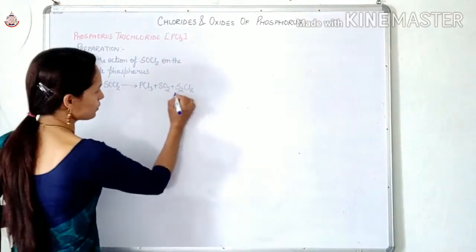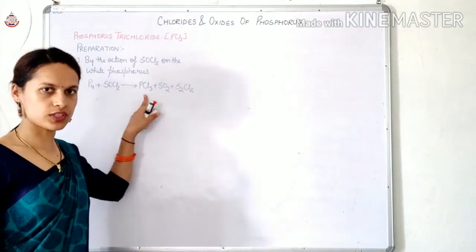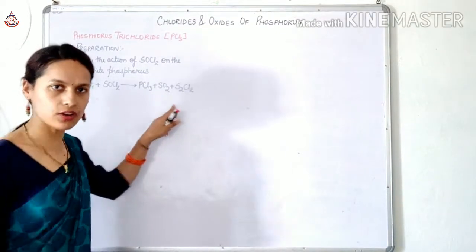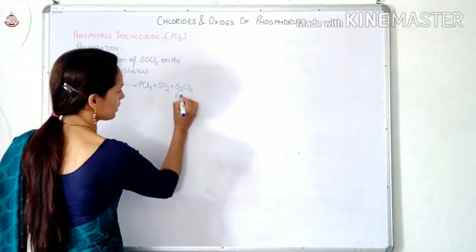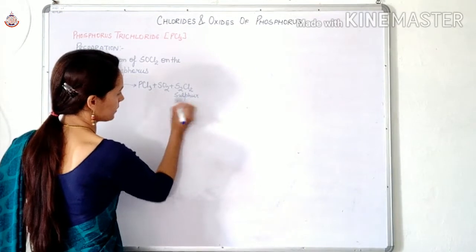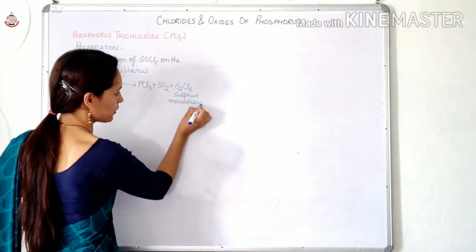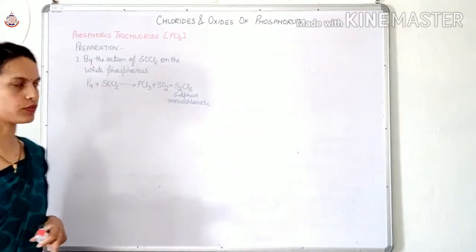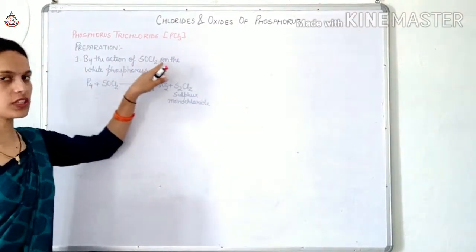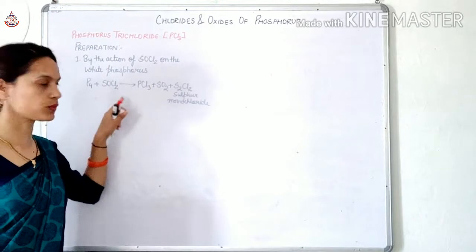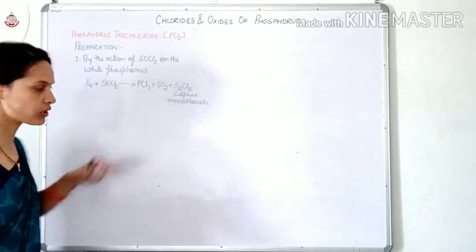PCl3 is phosphorus trichloride, SO2 is sulfur dioxide, and S2Cl2 is sulfur monochloride, which is present in dimer form. So by the action of thionyl chloride on white phosphorus, we can prepare PCl3.